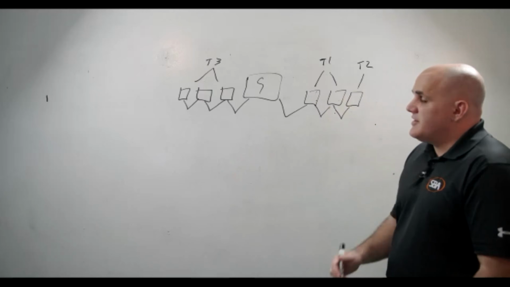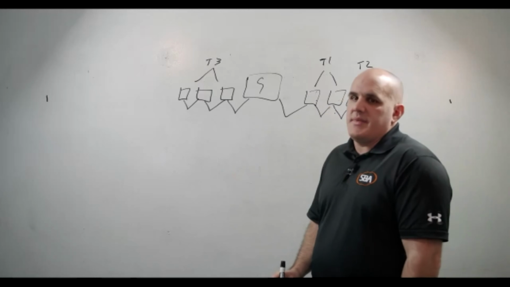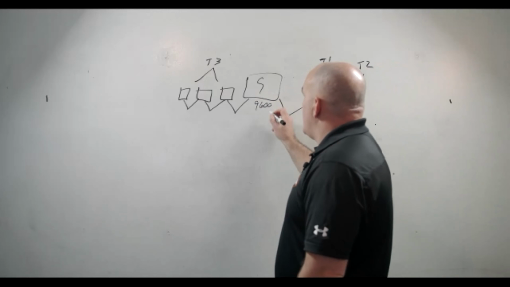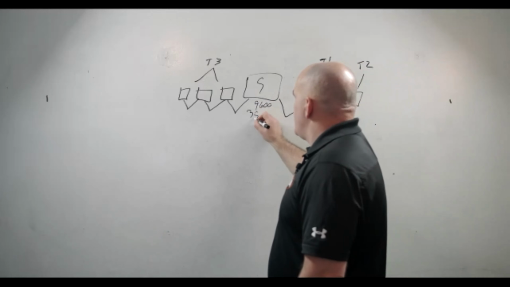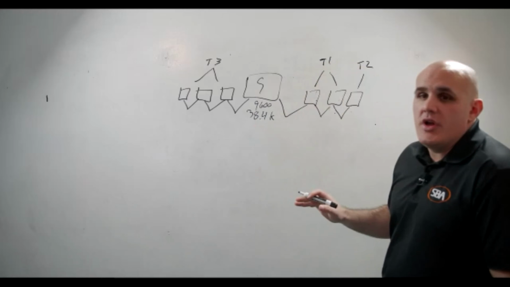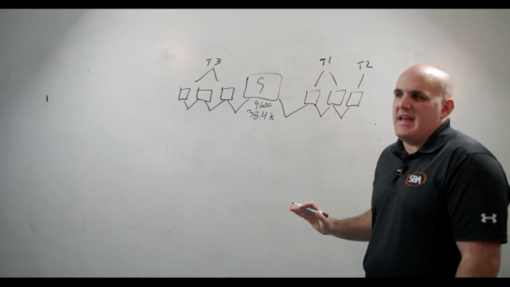Okay, next we have baud rate mismatches. There are two kinds of baud rate mismatches. If the server is 9600, which by the way, BACnet supports 9600 and 38.4K, those are the two required baud rates to be supported by any BACnet device.